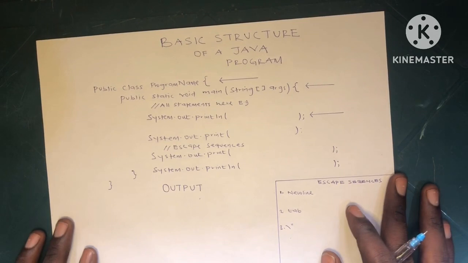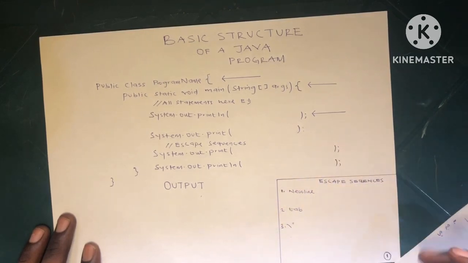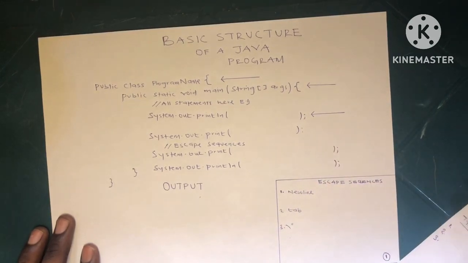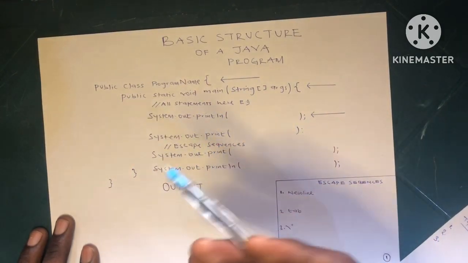So therefore, we'll be looking first of all at the basic structure of a Java program. As you can see here on the paper, this is how our program basically will be like in a computer. First of all, there's a class definition. A class is basically an embodiment of some methods.